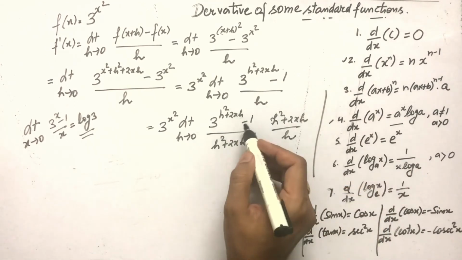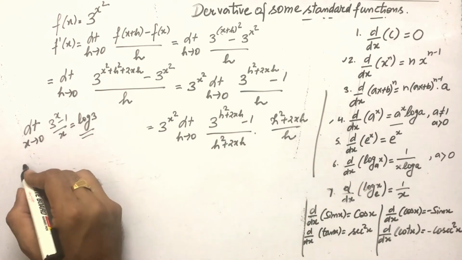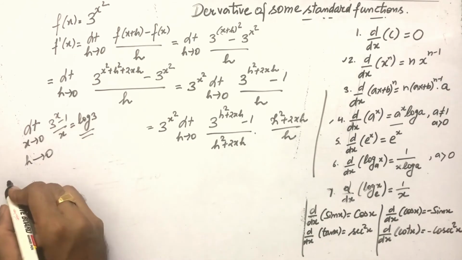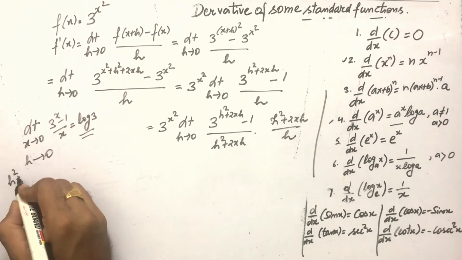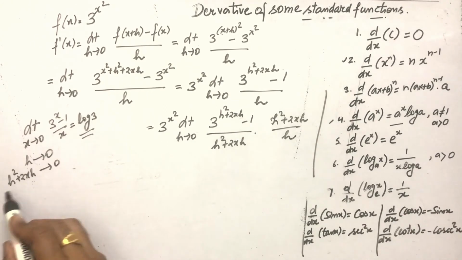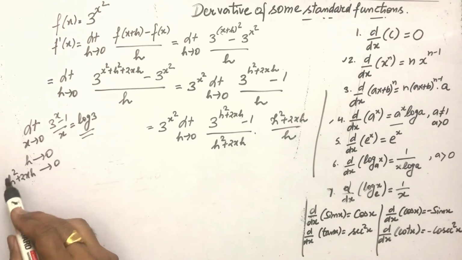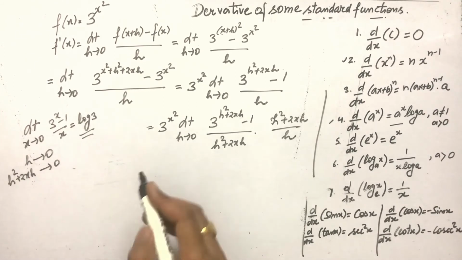And as you see, we are converting this in the required form. Now as h tends to 0, h square plus 2xh will also tend to 0. How does this tend to 0? Because this is a multiple of h. And if h is 0, whole of this term will tend to 0.